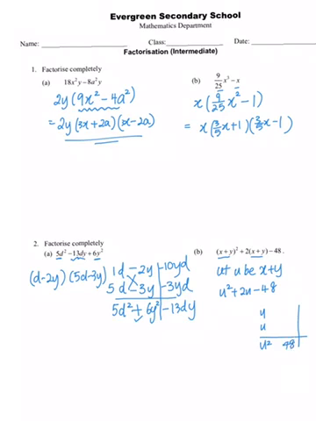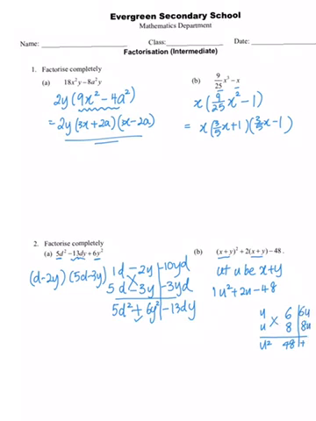So let's test the factors. Using our mode 3 calculator, a is the value 1, b is the value 2, and c is the value negative 48. My calculator shows me 6 and 8. So I'll take a look. 6u, 8u.